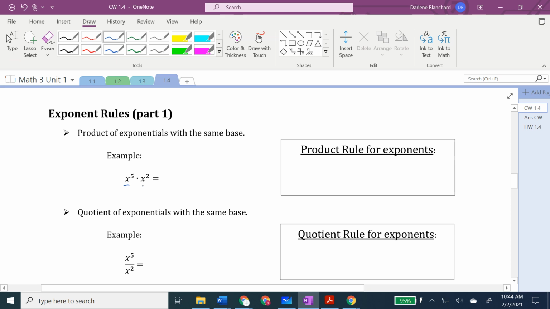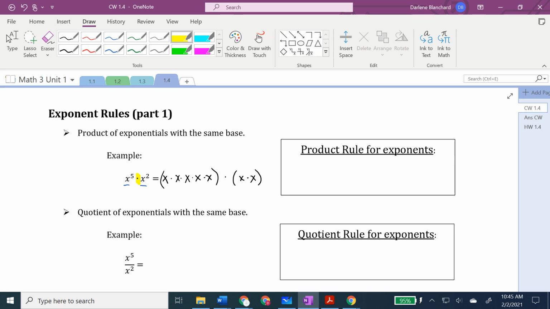If I am multiplying 2 things together and they have the same base, look at what that means. If I multiply x 5 times, that is x to the 5th. If I multiply x 2 times, that is x squared. I want you to look at the way that's written and see visually why you add the 5 and the 2.